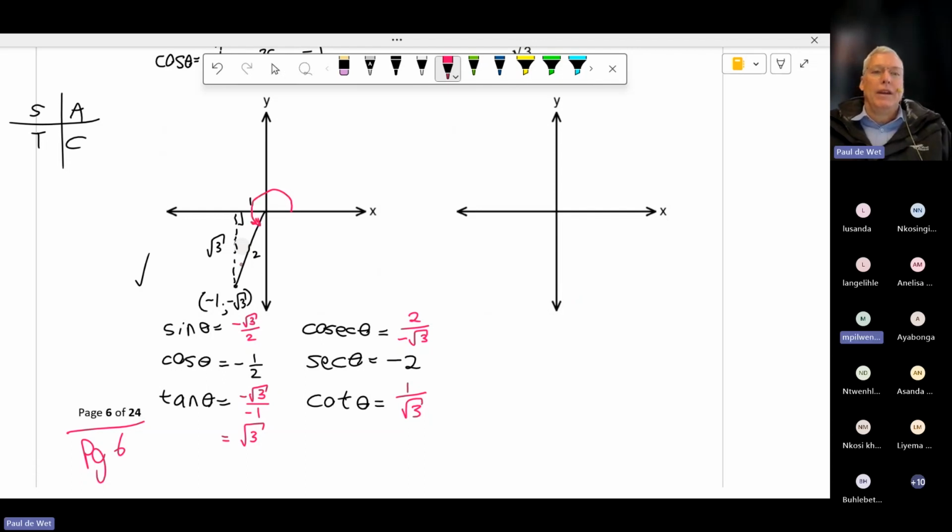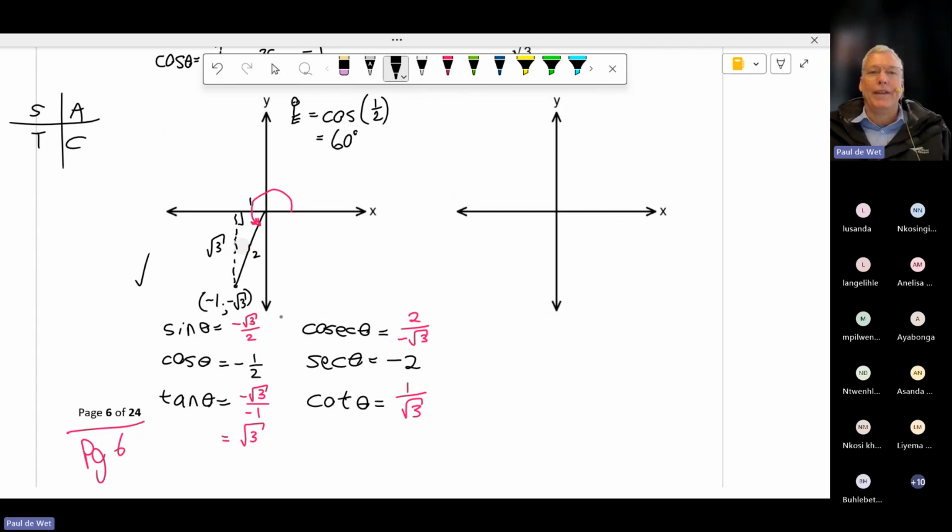Now I'm going to find a key angle. And when I find a key angle, I'm going to undo any one of these ratios. For cos, I'm going to use the positive. So I'm going to undo cos, but I'm not going to do minus a half, I'm going to do plus a half. And when I do that, I get 60 degrees.